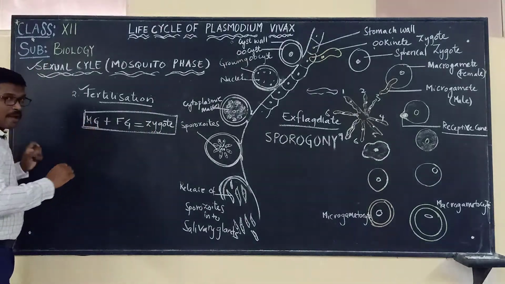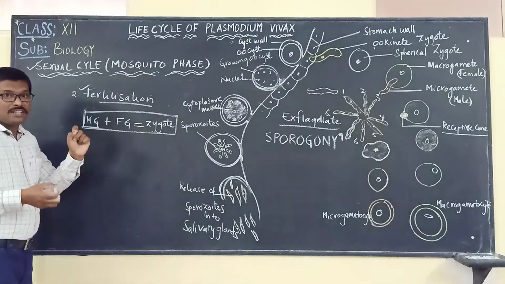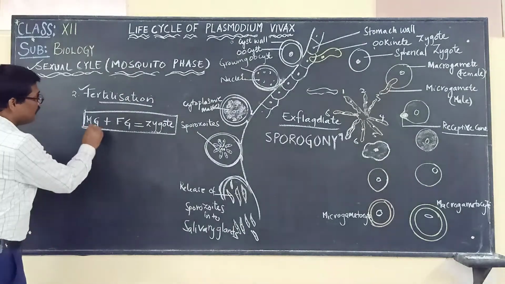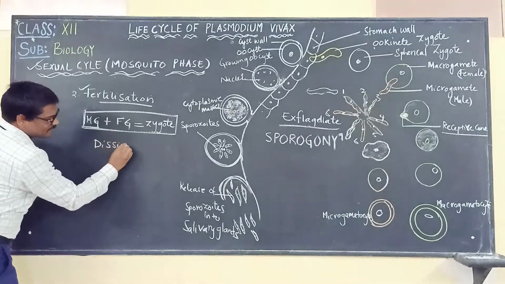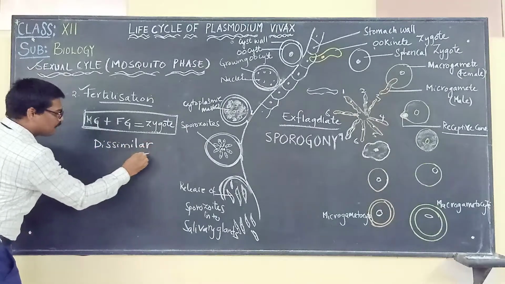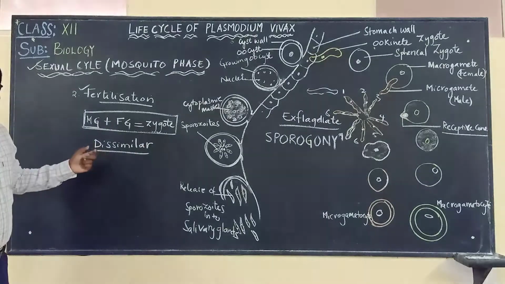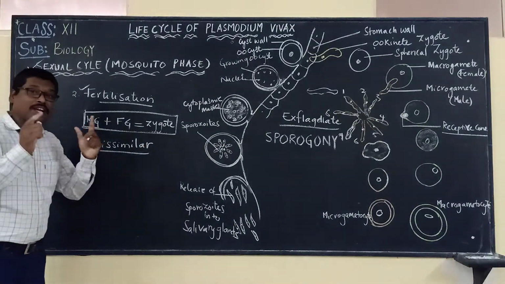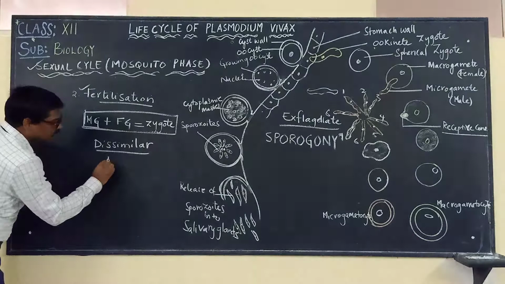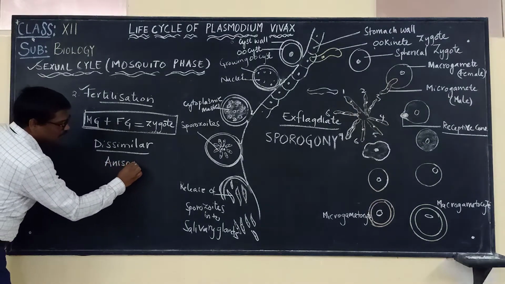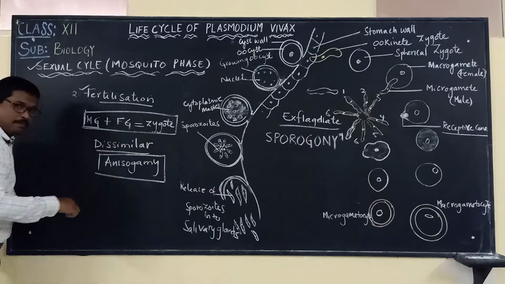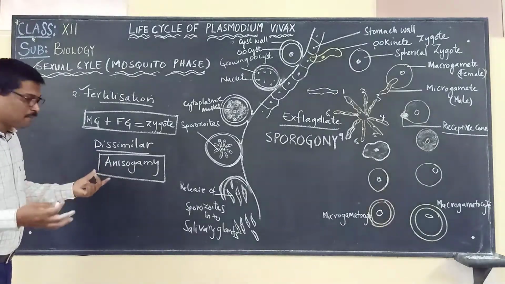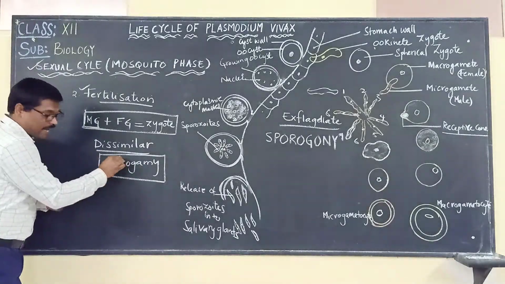When the male gamete and the female gamete are dissimilar, we use one word: anisogamy. Please remember this word, anisogamy. When the male and female gametes are dissimilar, it is called anisogamy.